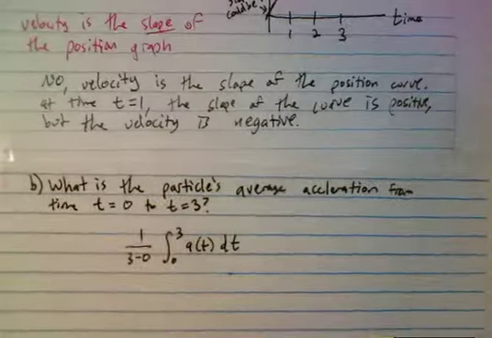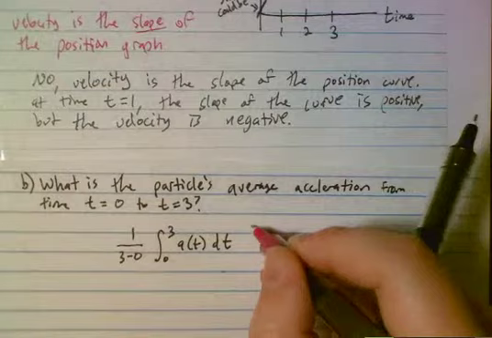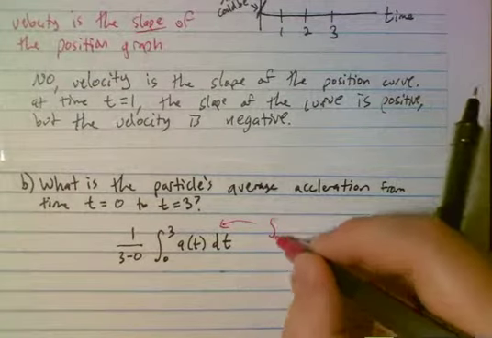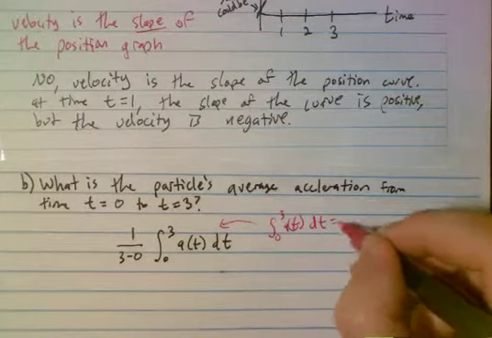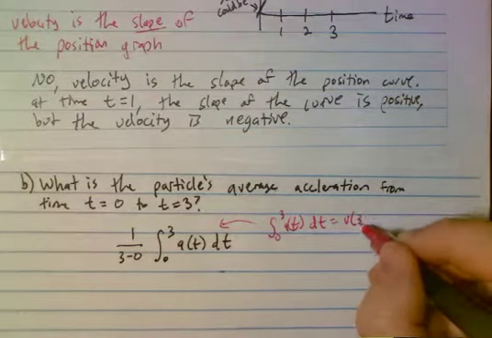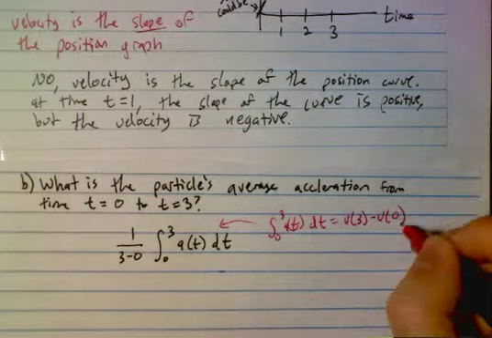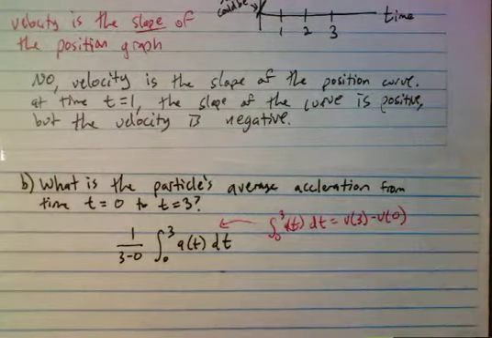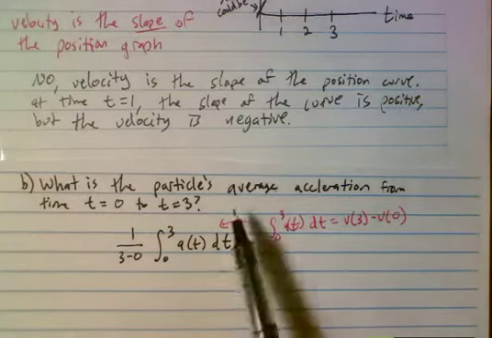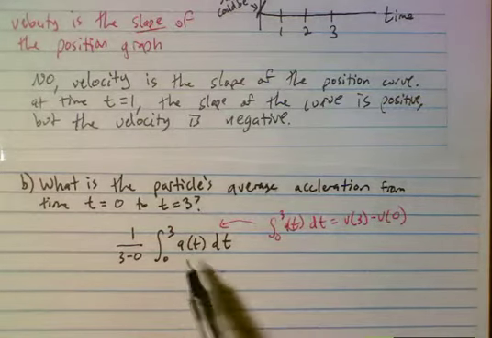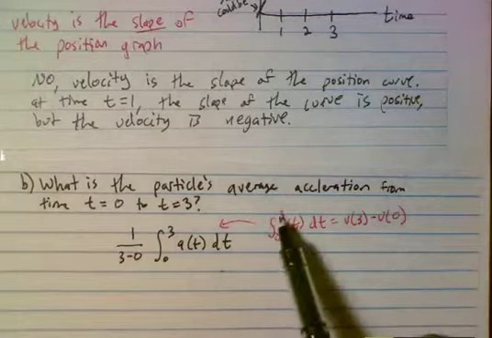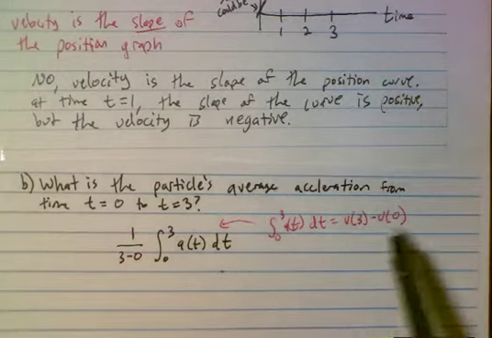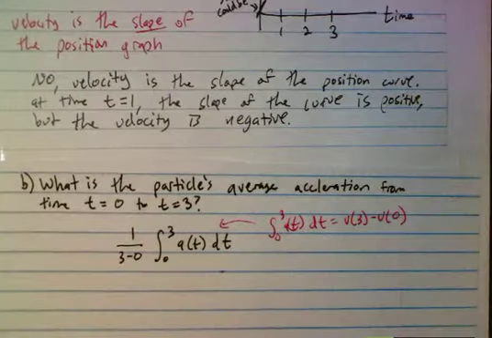What we have to realize is that this is also the same thing as v of 3 minus v of 0. Again, that's because the antiderivative of acceleration is velocity, and the integral is the antiderivative at the right bound minus the left bound.